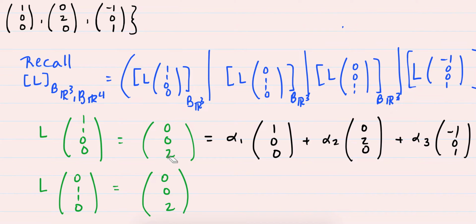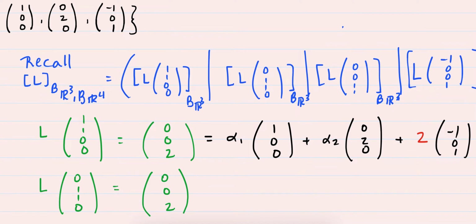First off, the only thing I need is this 2, and I need it in the last entry. So notice the only thing non-zero in these basis vectors is this 1 here. So that means this alpha3 has to be a 2, because that's the only way I'm going to get a 2 here. So when I multiply this one by 2, I get a 2 and a negative 2, and I want a 0, so I got to get rid of that negative 2.